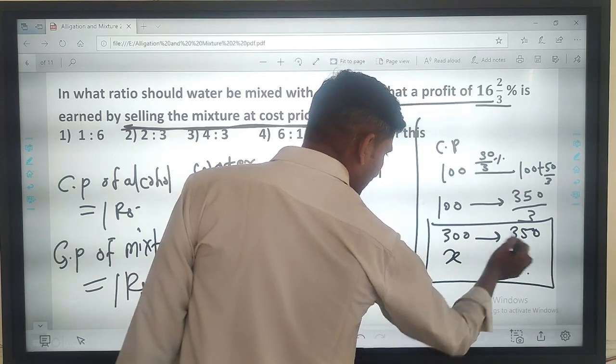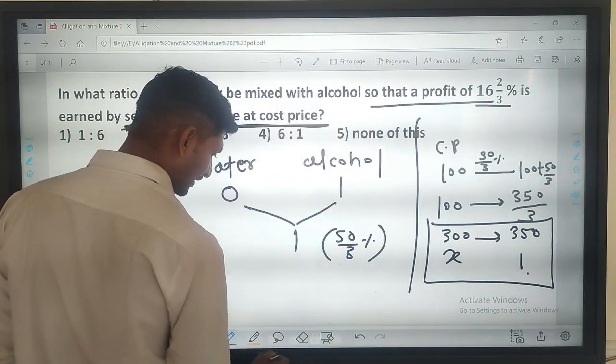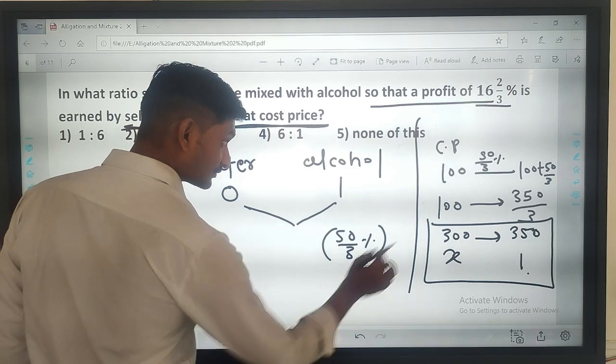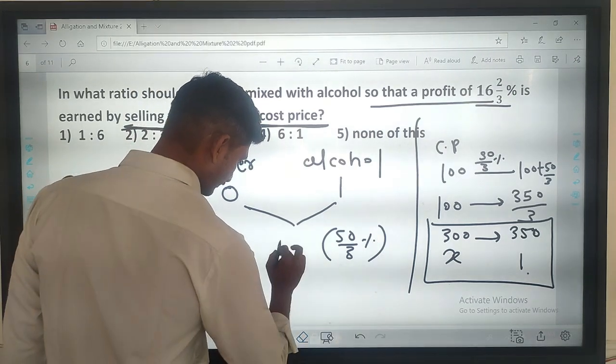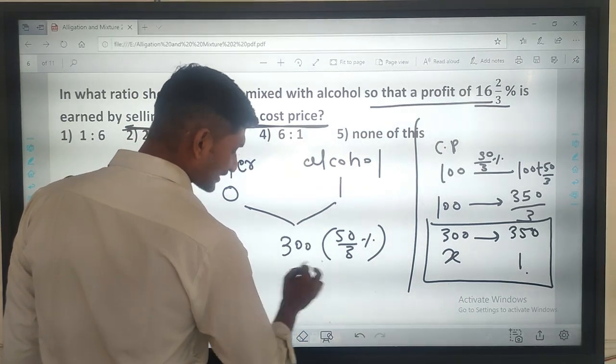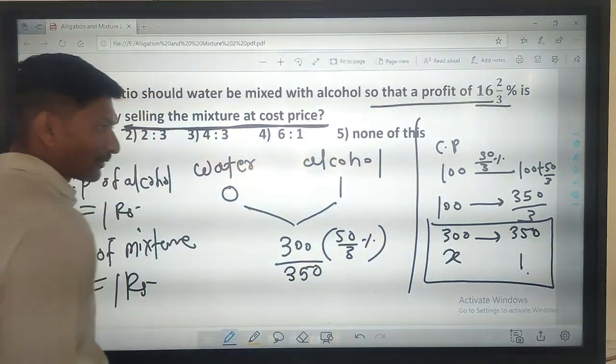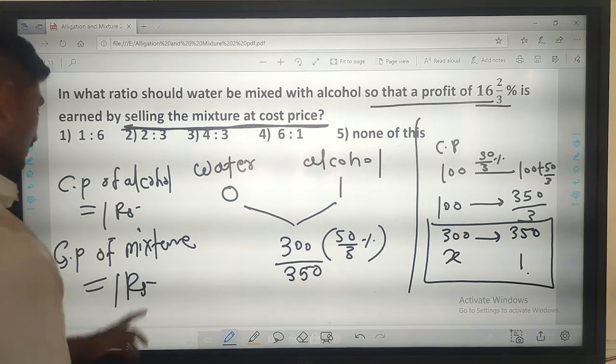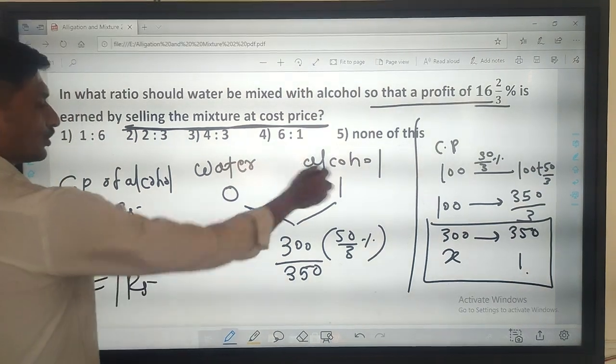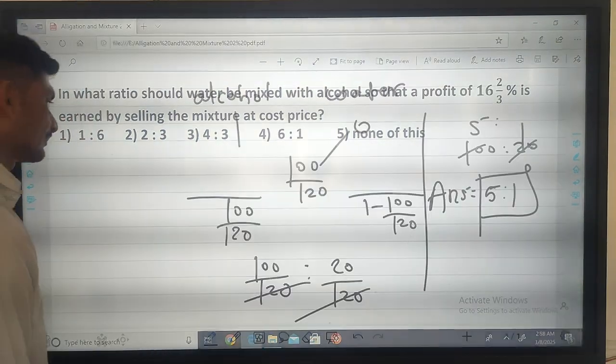Then X is equal to 300 divided by 350. So the CP of the mixture is 300 divided by 350.